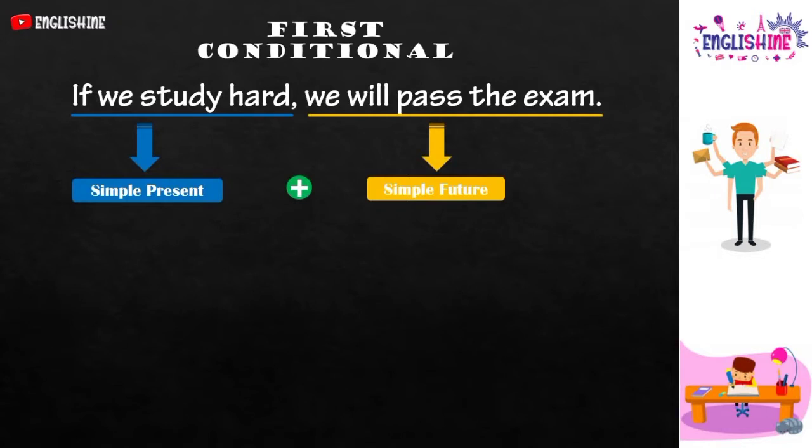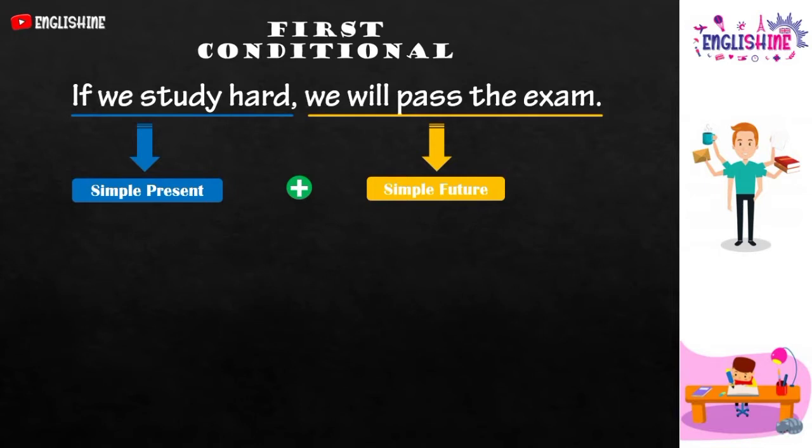This time we want to talk about the grammar rule. The first sentence is simple present, and the second sentence is simple future. Simple present is a verb tense which is used to show repetition, habit, or generalization.